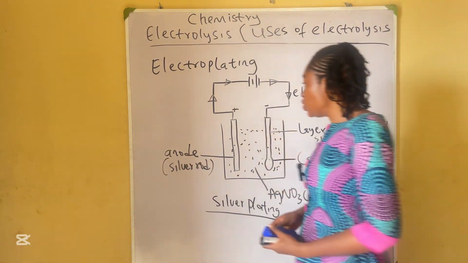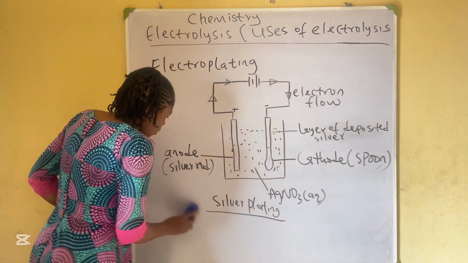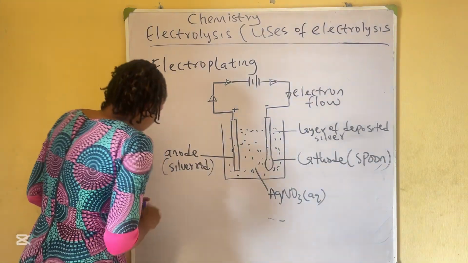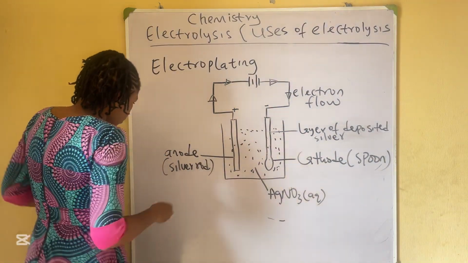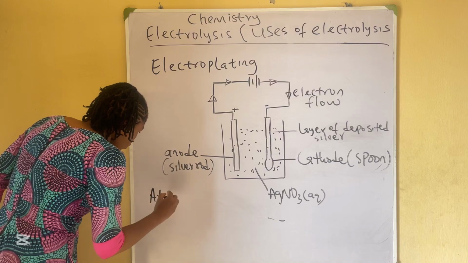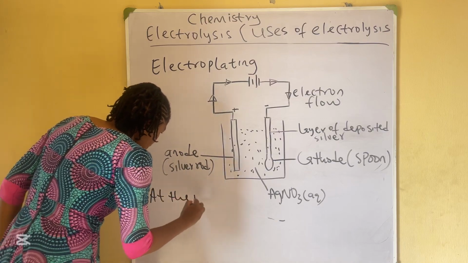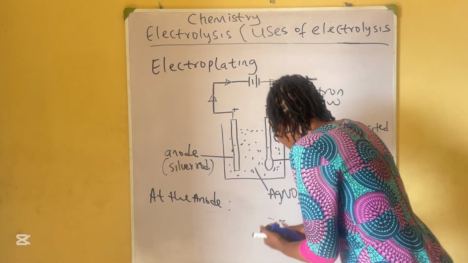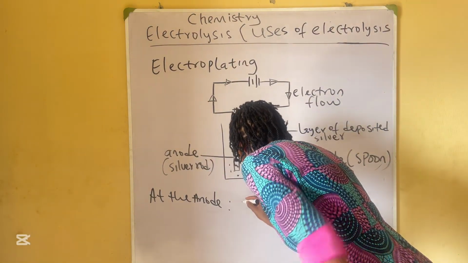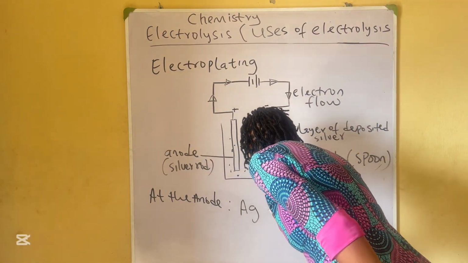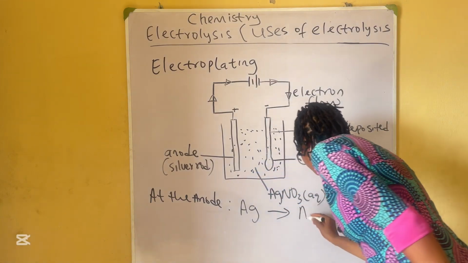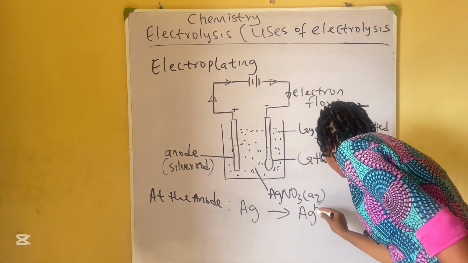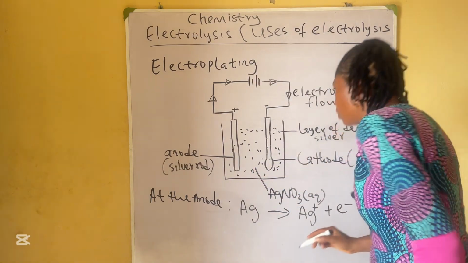So let's add the equation at the anode. What happens at the anode? The silver metal goes into solution to form silver ion.